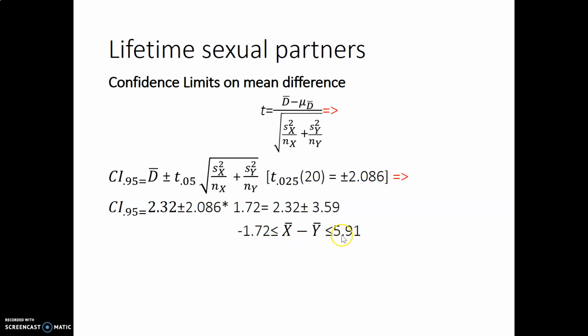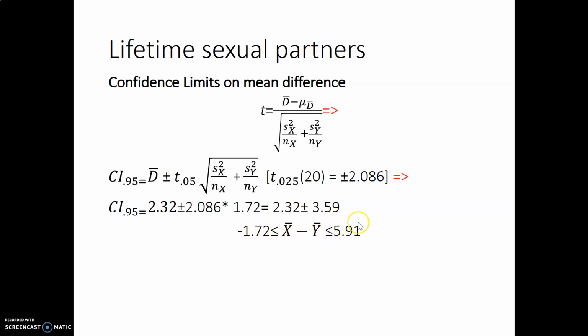So what does it mean? It means that based on the data of these two samples we have, we infer that the difference between men's partner number and women's partner number is somewhere between negative 1.72 and 5.91. This side could mean that at most, women should have 1.72 more partners compared with men.